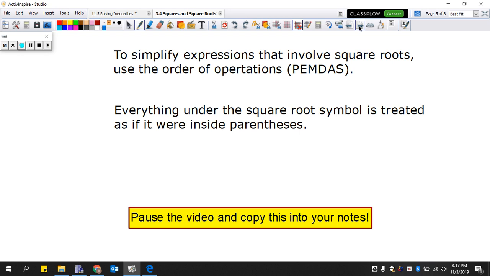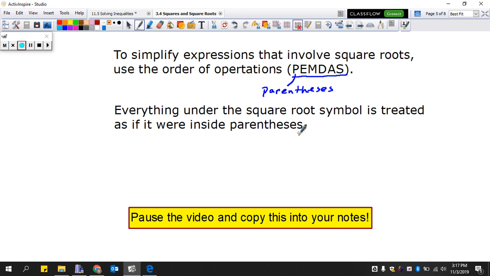When we're doing square roots, everything under the square root symbol is treated as if it were inside parentheses. Parentheses are referred to as grouping symbols. Well, this square root symbol here is also treated as a grouping symbol.